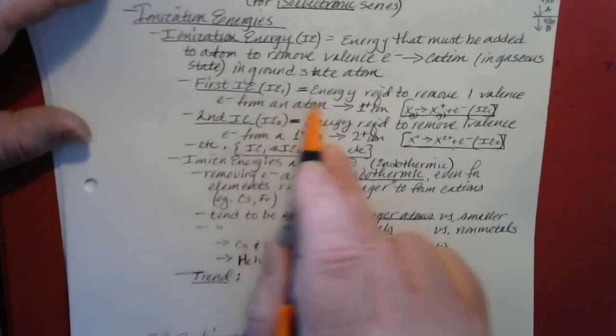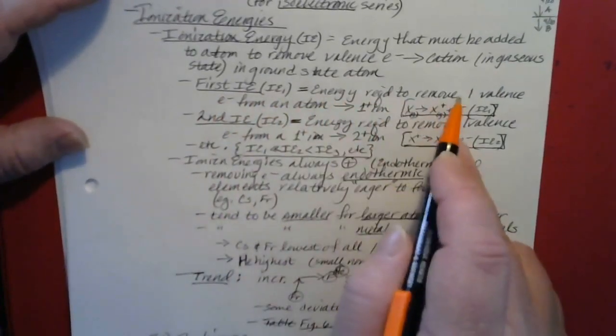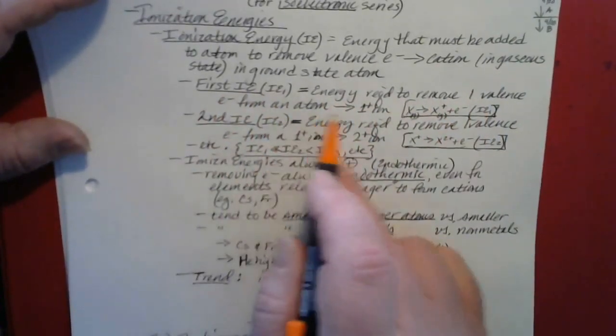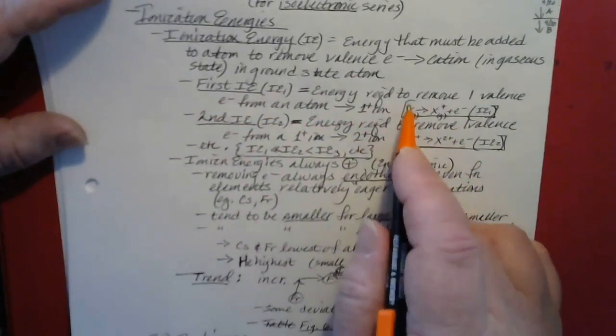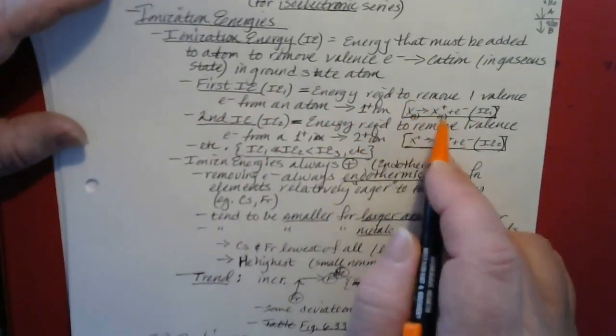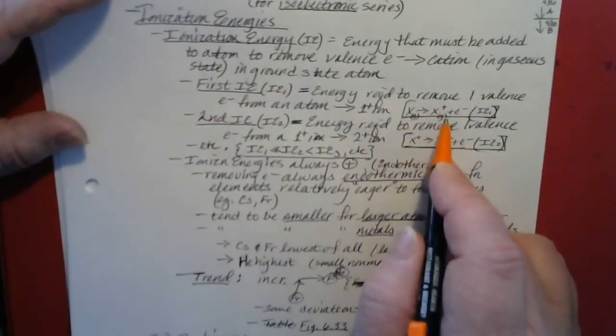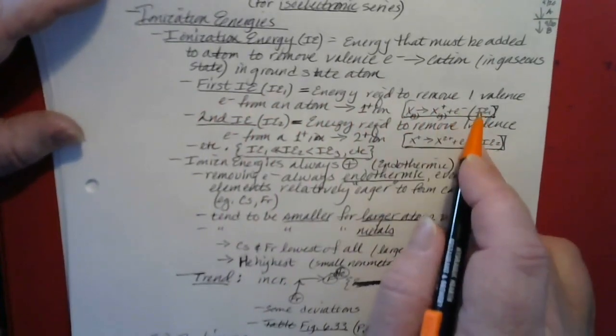The first ionization energy is the energy required to remove one valence electron from an atom to form an ion with a charge of +1. So for a generic element X in the gas phase, X goes to X+ in the gas phase plus an electron.